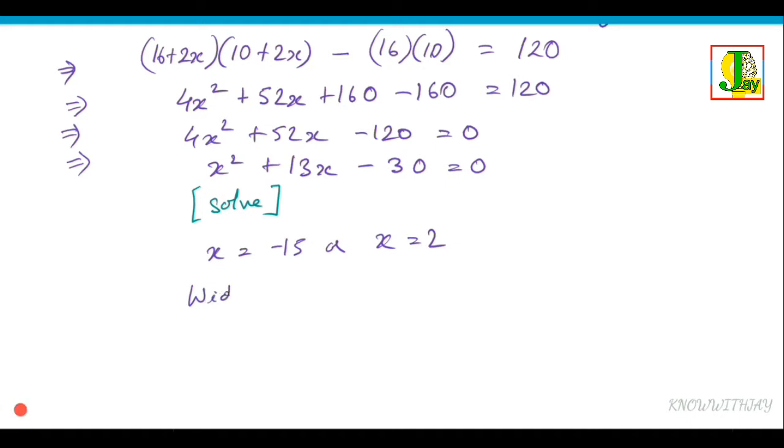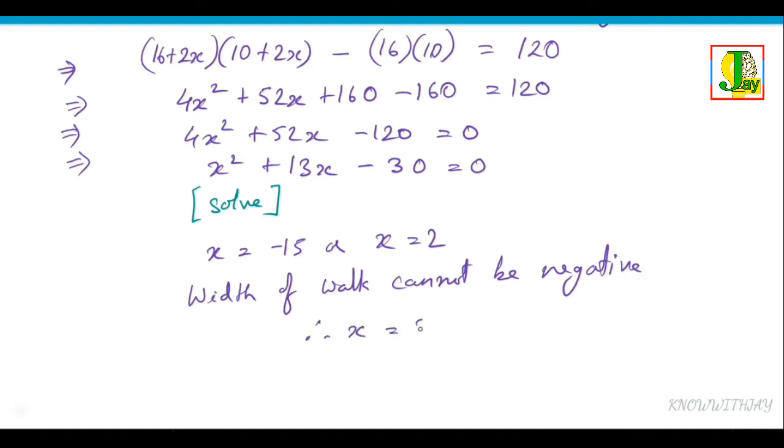So the width of the walk cannot be negative, so x equals 2, and therefore the width of the walk equals 2 meters. So we needed this expression in terms of x, and we needed the value of x.